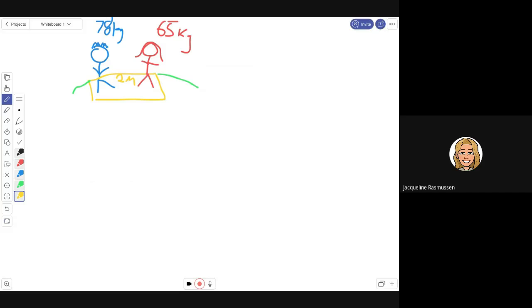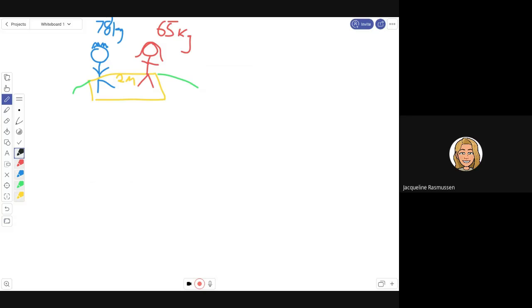So they are attracted to each other, but it is just a really small force. That's why when you're sitting 2 meters apart from someone, you can't feel their gravity sucking you in. Maybe metaphorically you can feel that, but physically you shouldn't be able to feel it. It's a really small force, but it is a force and it exists. So let's go ahead and calculate it.